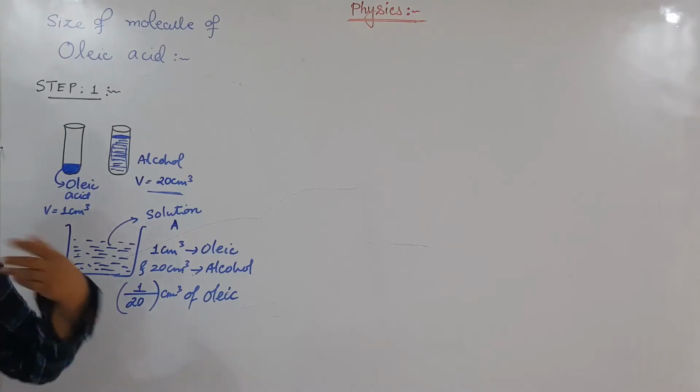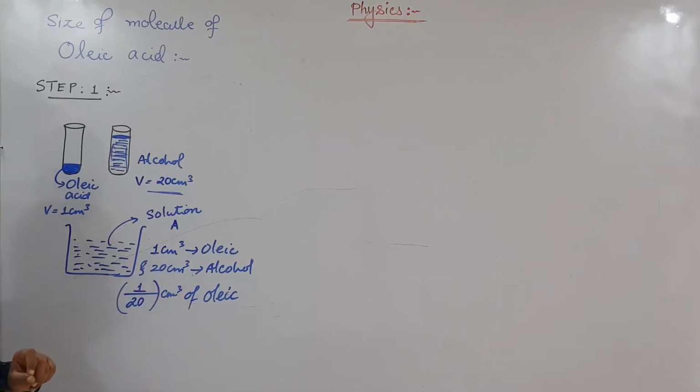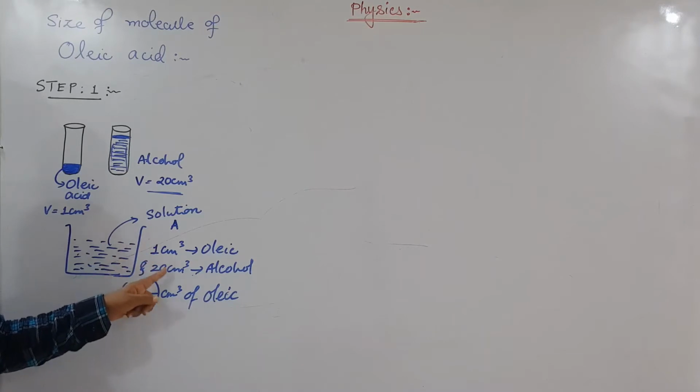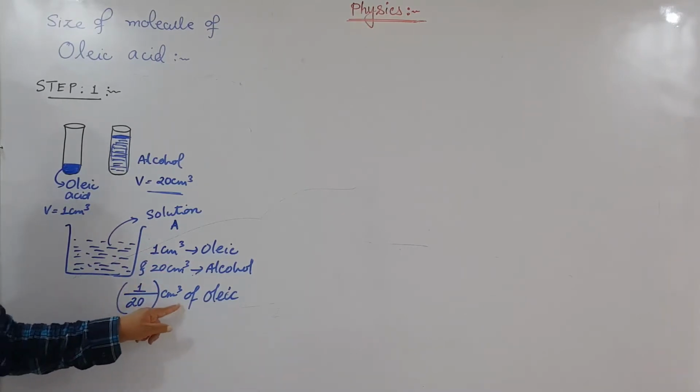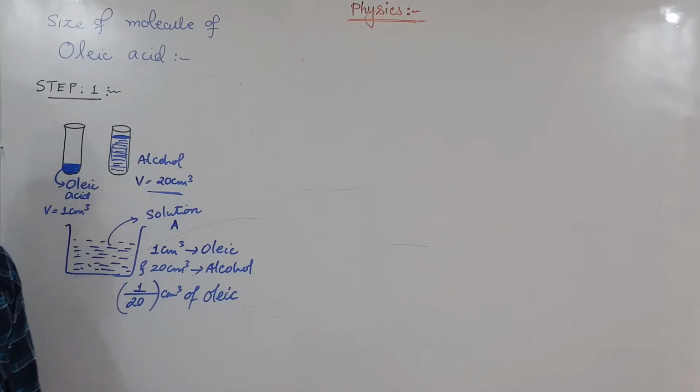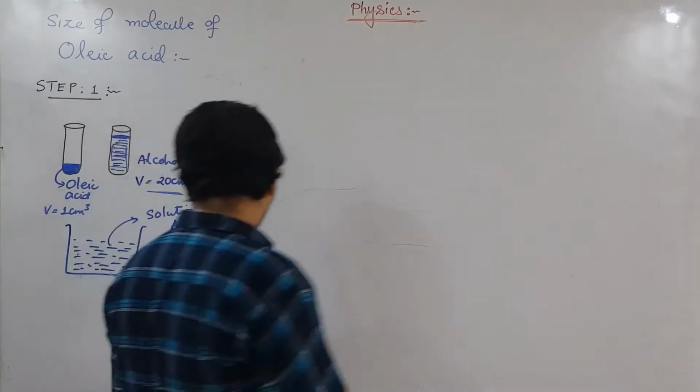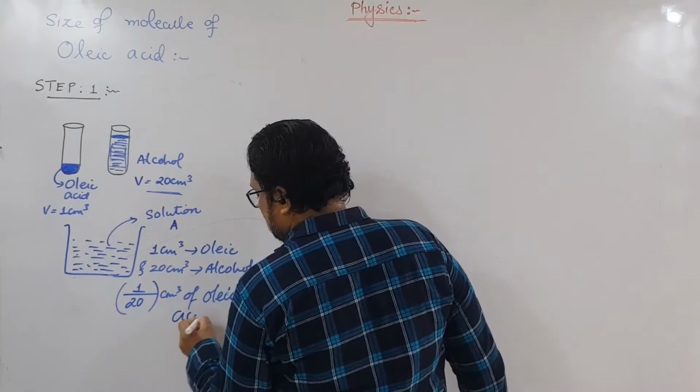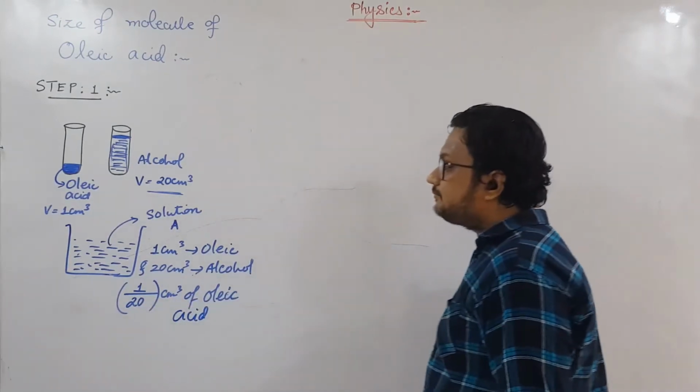So 1:20 centimeter cube of oleic acid is present inside beaker A.